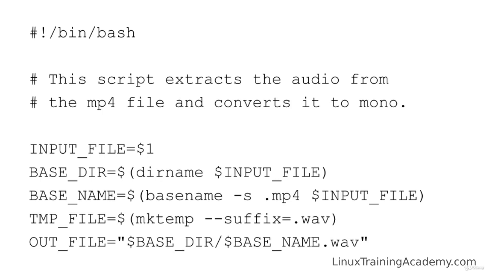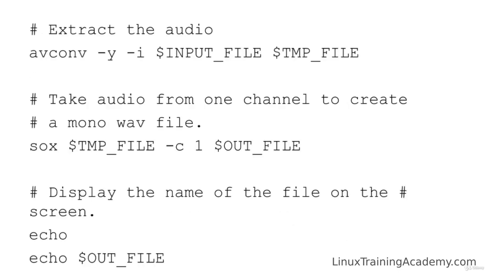I create a temp file with a suffix of .wav that I'm going to use to extract the audio with, and then the out file will consist of the directory name followed by the base name of the file that was passed in, but now it's going to have the .wav extension instead of the .mp4 extension.